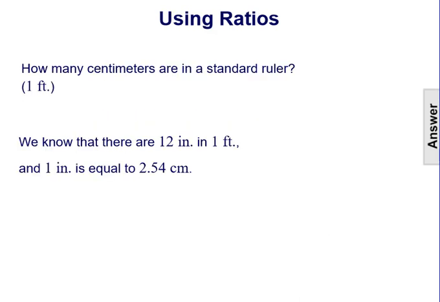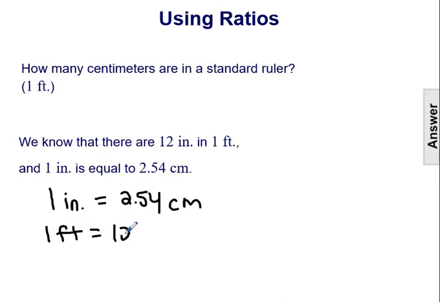So we can then ask questions like, how many centimeters are in a standard ruler? We know that there are 12 inches in 1 foot, and 1 inch is equal to 2.54 centimeters. A standard ruler is 1 foot, and 1 foot has 12 inches. So we can think that 1 foot is equal to 12 times 2.54.